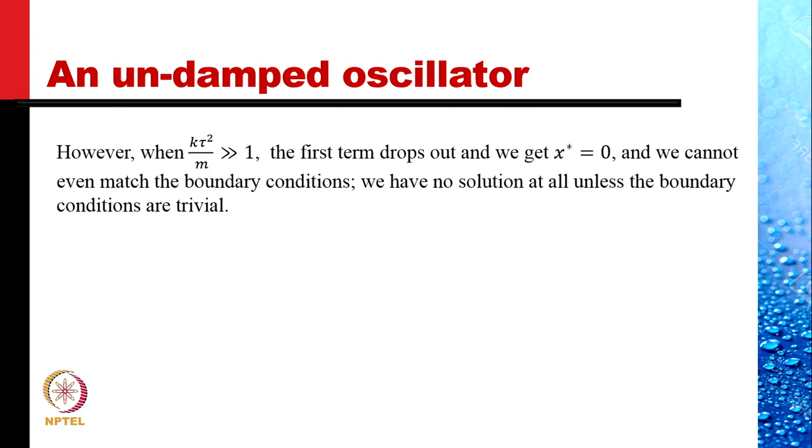However, when k tau square by m is much greater than 1, the first term, the inertia term, drops and the only term that we are left with is x star, and so x star is 0. And now we cannot even match the boundary conditions. We have no solution at all, unless the boundary condition is trivial.